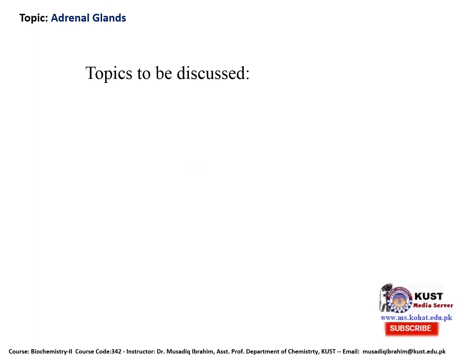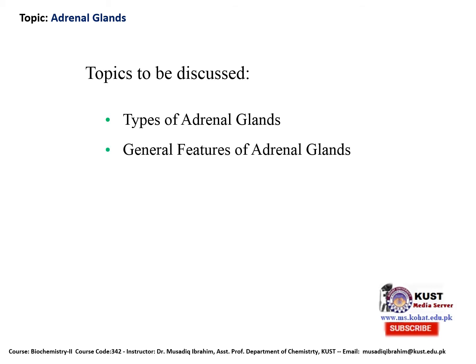So the topics to be discussed include the types of adrenal glands, like the adrenal cortex and the adrenal medulla, the general features of adrenal glands, that is how they operate, then the functions of adrenal medulla, like the hormones which are secreted by the adrenal medulla and their effects on the human body.